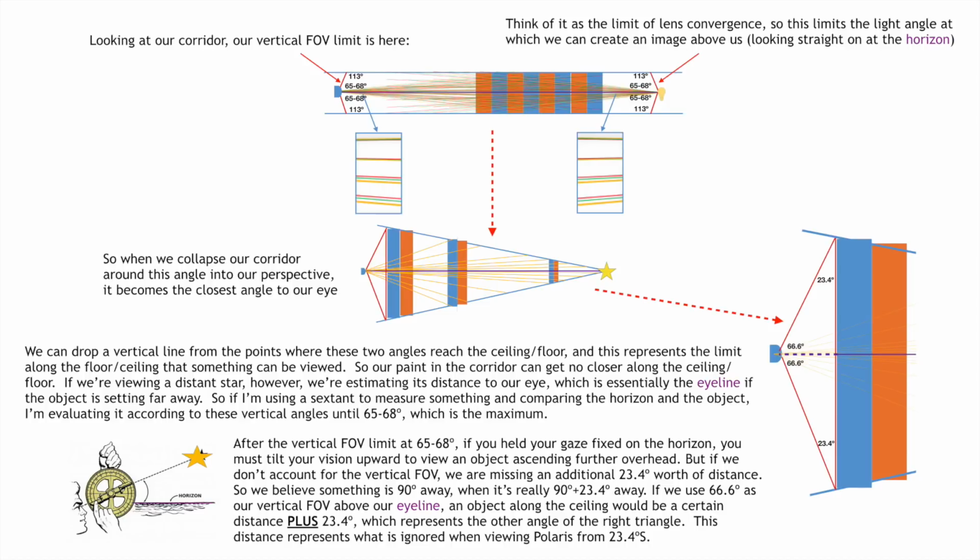So I believe something is 90 degrees away when it's actually 90 plus 23.4 degrees away. If we use 66.6 as our vertical field of view above our eye line, an object along the ceiling would be a certain distance plus 23.4 degrees. Again, this represents the other angle of that right triangle. So this distance is what is ignored when viewing Polaris from 23.4 degrees south.